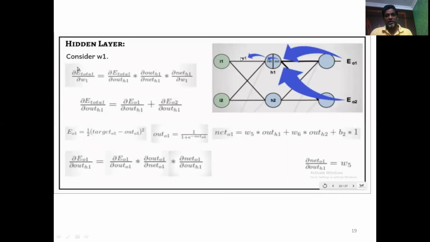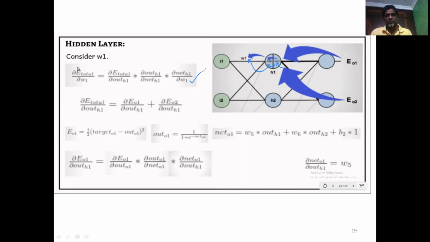Suppose I want to update W1: dou E total by dou W1 is equal to, you will start with dou E total by dou out H1 as the first term, then dou out H1 by dou net H1, the second term, into dou net H1 by dou W1, the third term.